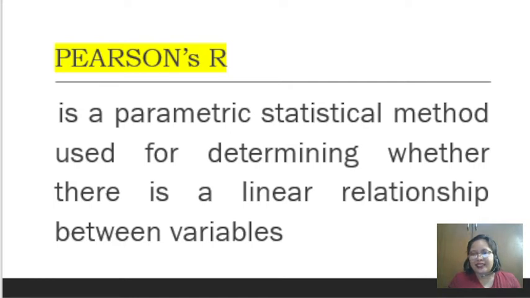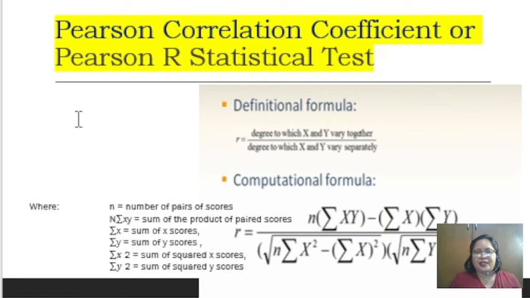Pearson's R, it is a parametric statistical method used for determining whether there is a linear relationship between variables. Okay, so yung Pearson's R, it is also known as Pearson Correlation Coefficient. Ayan.